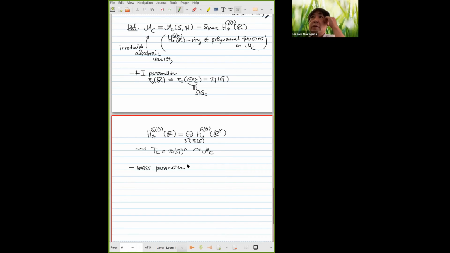On the other hand, I consider the mass parameter. So as I said, I consider G tilde, which is larger than G, and maybe I just consider the case of this quotient. I denote this quotient by G of F, but I assume this is exactly equal to here.